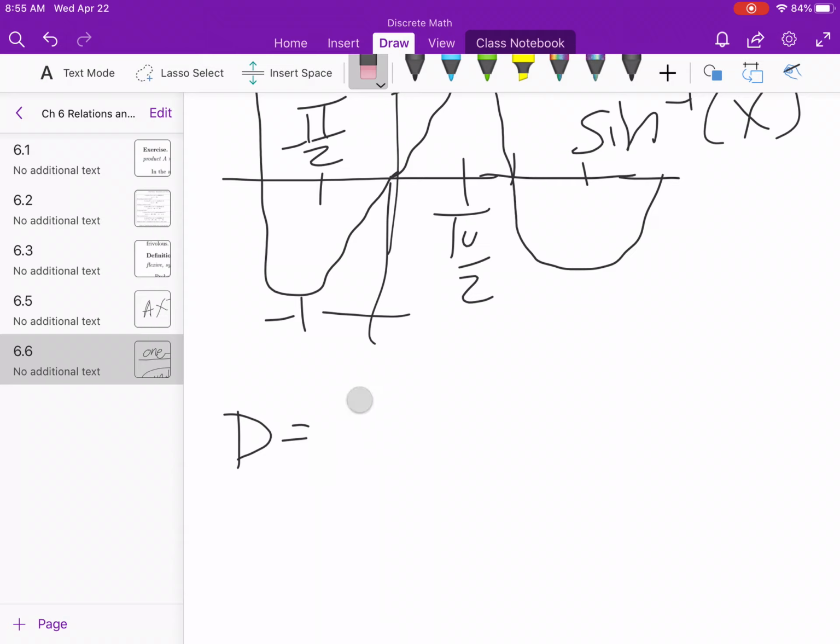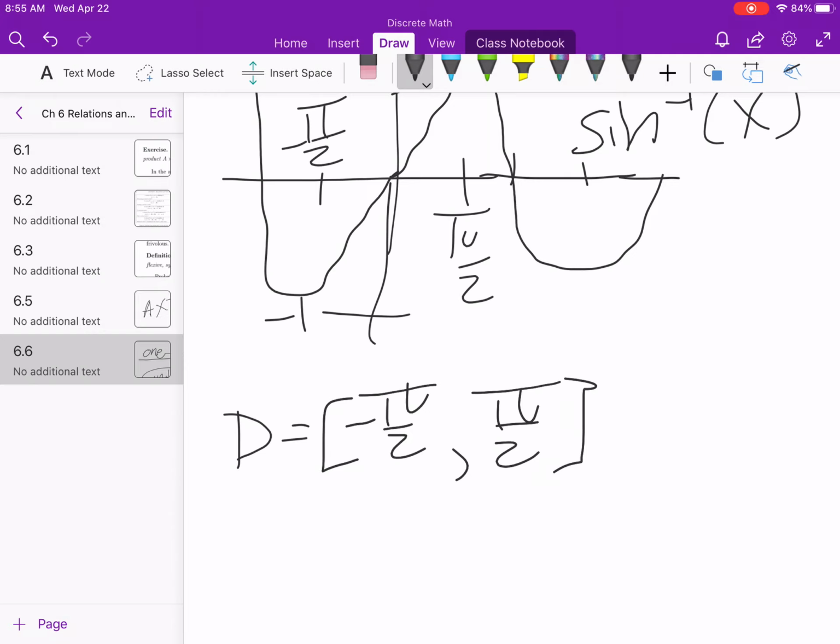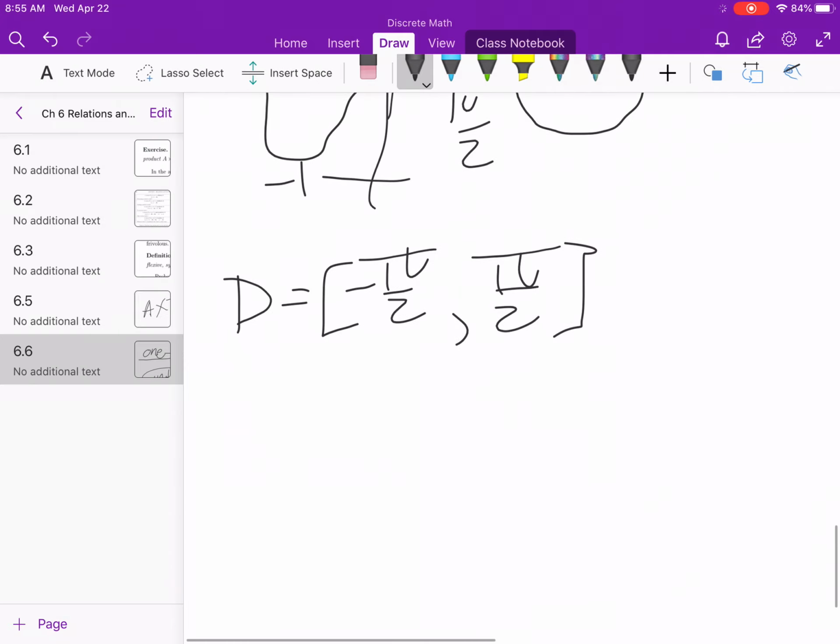If I let d range from negative pi over 2 to pi over 2, notice that my range is still going to be negative 1 to 1.